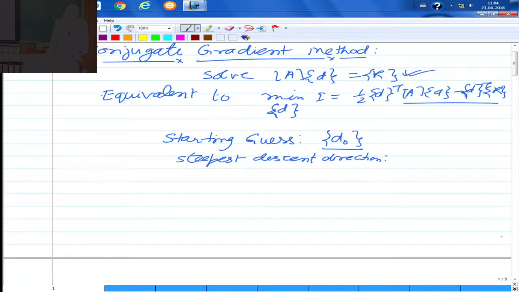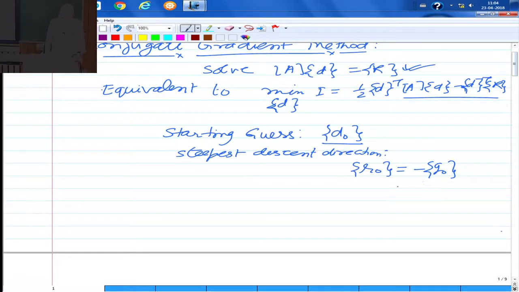I used the notation R naught for this. R naught is nothing but the negative of the gradient, minus G naught. The derivative of the functional with respect to D is A D minus R, and the negative of that is R minus A D naught.